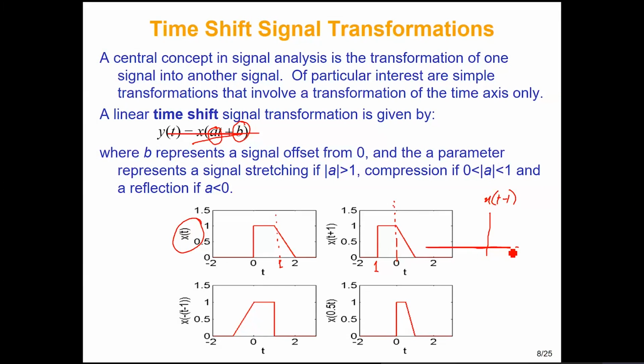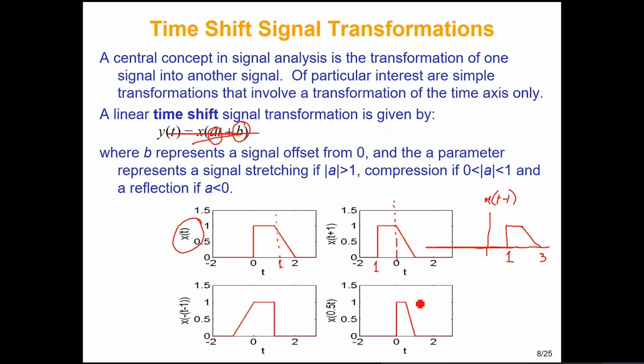It will end up giving you a graph which is going to be something like this, not starting from 0, starting from 1 and ending at 3, right? So for shift left and shift right, if it is t minus something, it is shift right. If it is t plus something, it is shift left. So shifting is straightforward. X of t plus anything is going to be shift left. X of t minus anything is going to be shift right by that many time units.